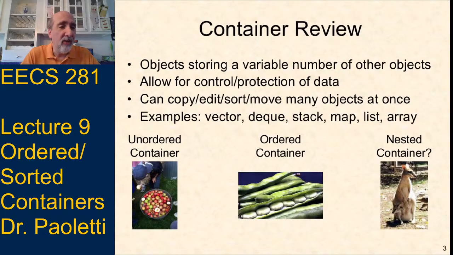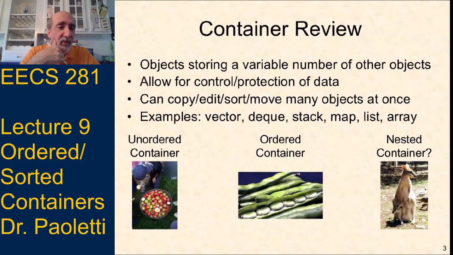When we have a container, we might be able to copy the entire container. We might be able to copy certain elements, like a range out of a container. We might be able to edit elements of a container. We might be able to sort a container, move objects to another container, etc. It depends upon the things that the container allows us to do.